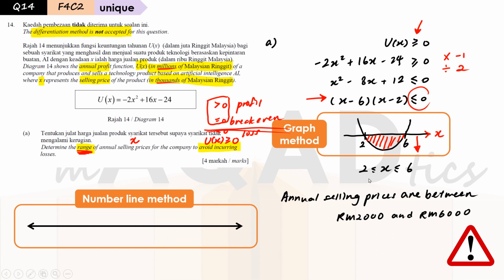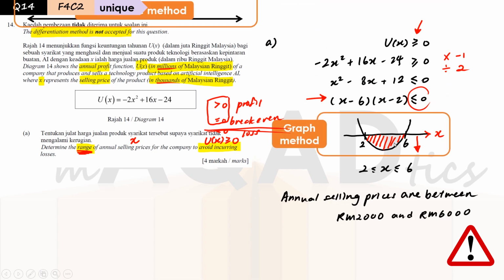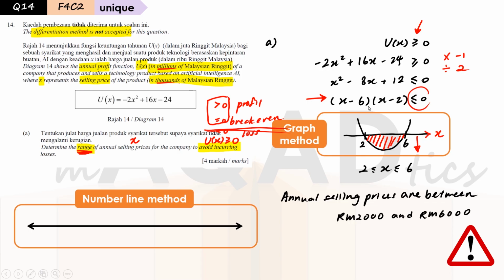Alright, so let's assume that we are still at this stage, and we need to solve this quadratic inequality. We have just found the values of x, which are 2 and 6. For the number line method, we need to split all the values into 3 parts.